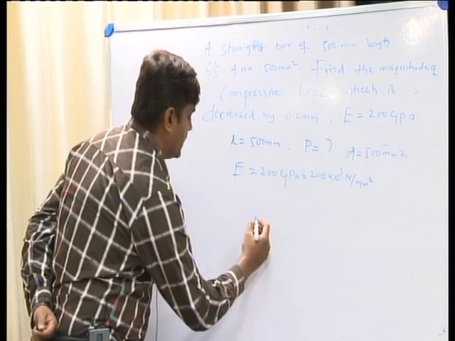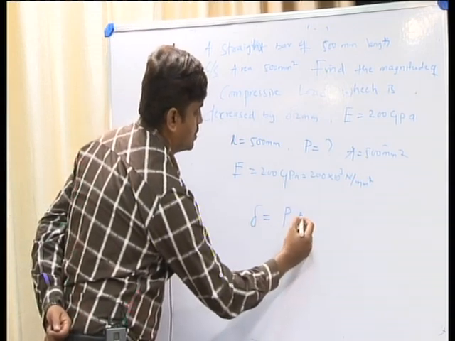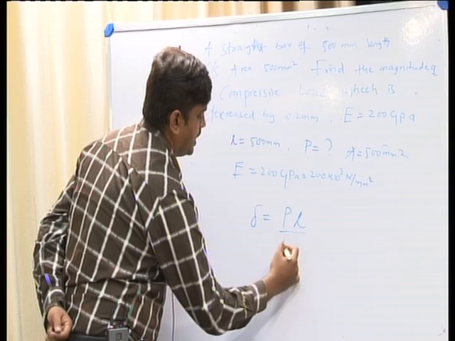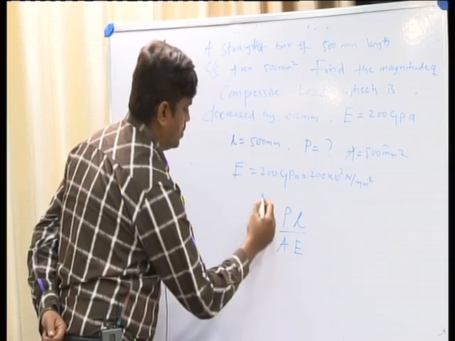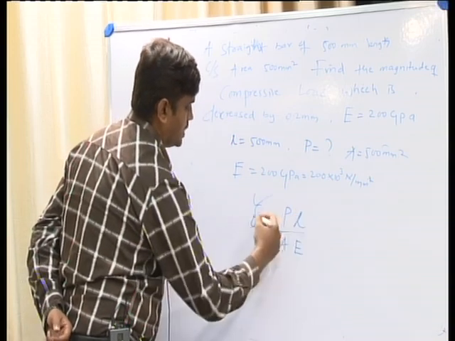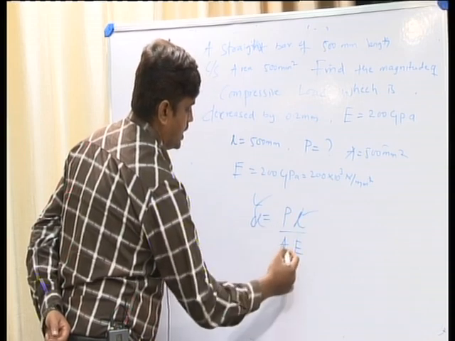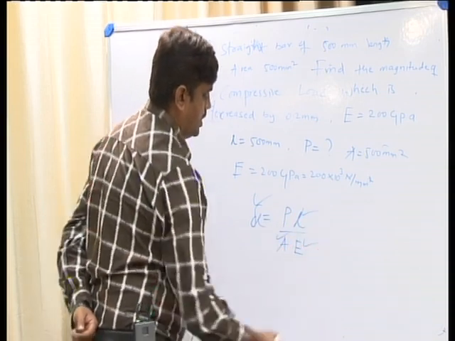We know that delta L is equal to P into L divided by A into E. We know the delta L, the length, the area, and Young's modulus.